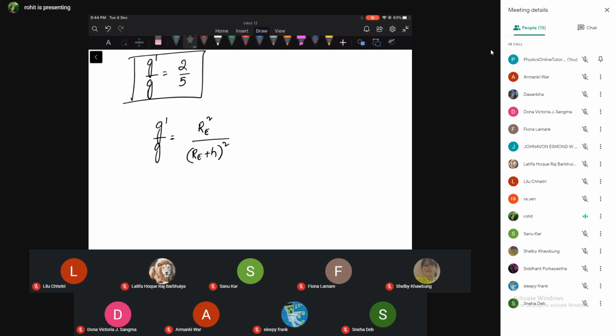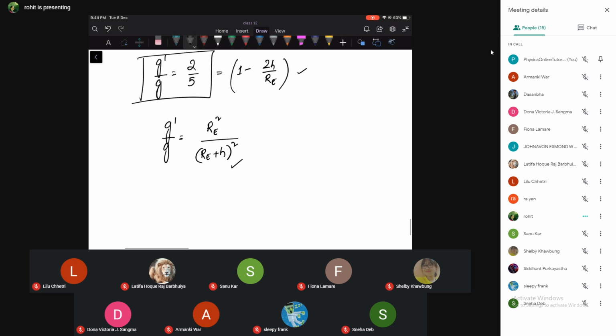You can obviously also use the one which you got, 1 minus twice h by RE. You can try this also and see how close you get, but this is going to give you a very accurate answer. This we obtained from approximate formulas. We have omitted higher powers of h by RE, squares and powers of 3 and so on. So this is an approximate formula, but anyway, you're still going to get it.